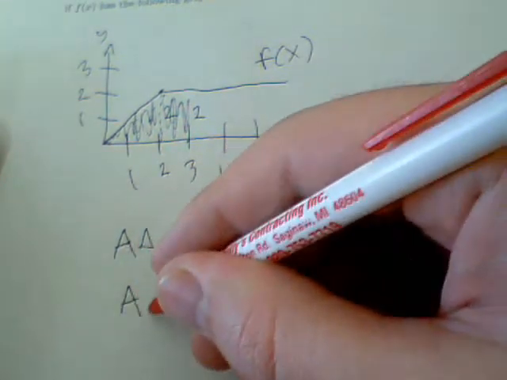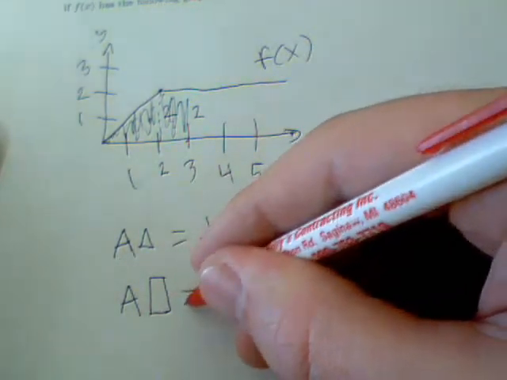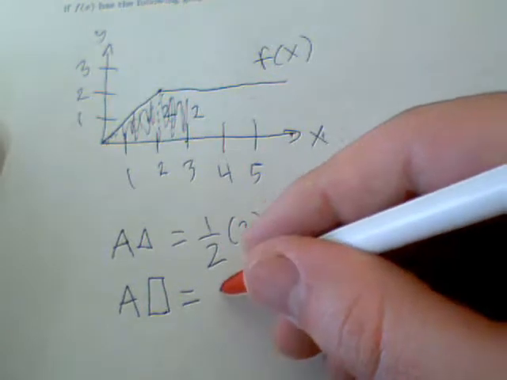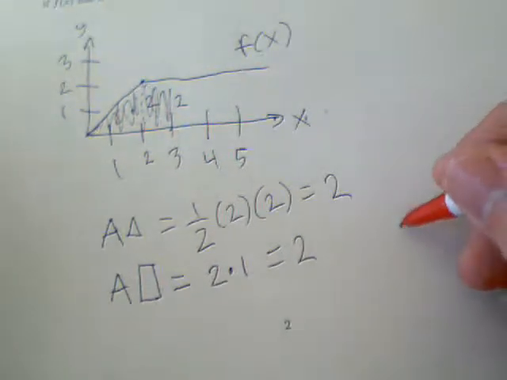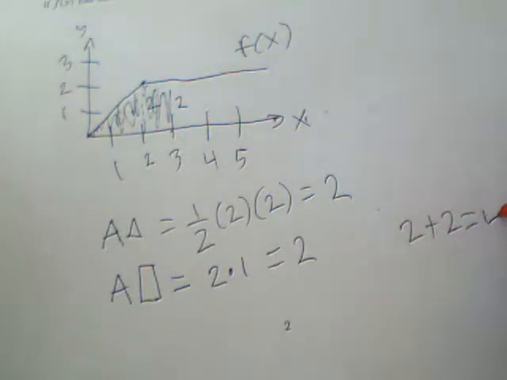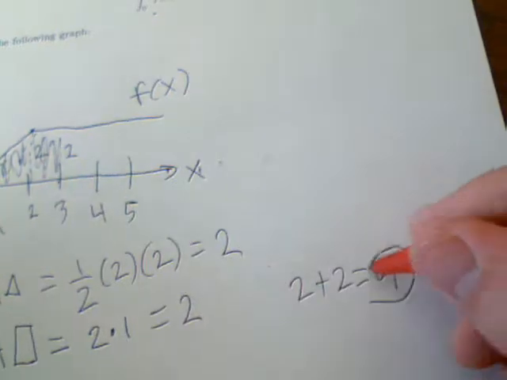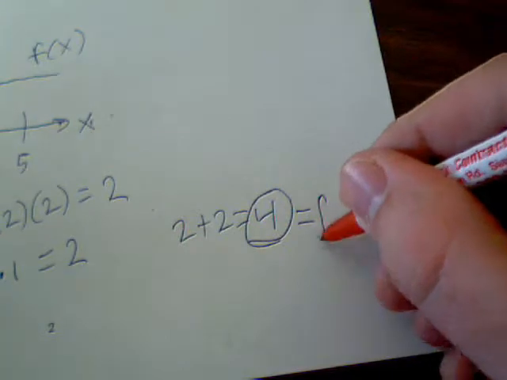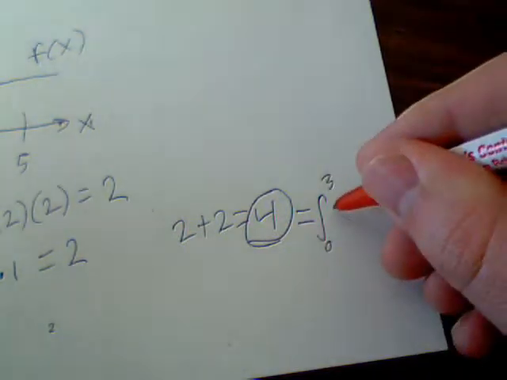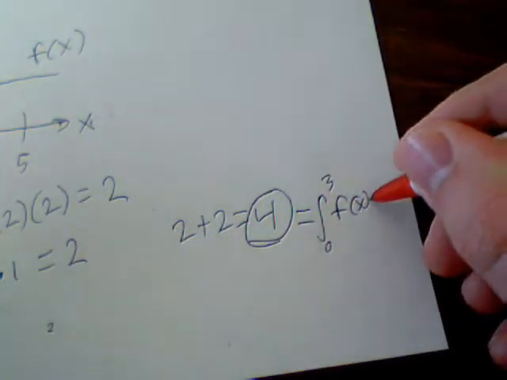So the area of the rectangle is 2 times 1, length times width, equals 2. So overall, that should be the area underneath this curve here, and that is in fact the definite integral from 0 to 3 of f of x dx.